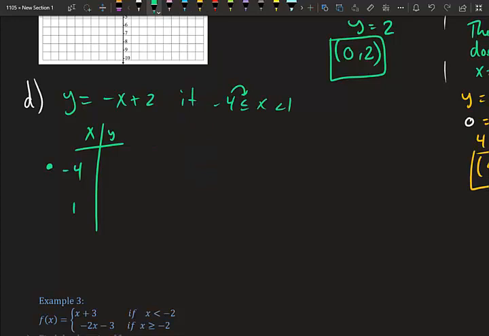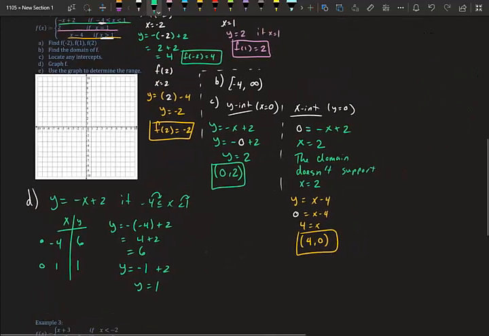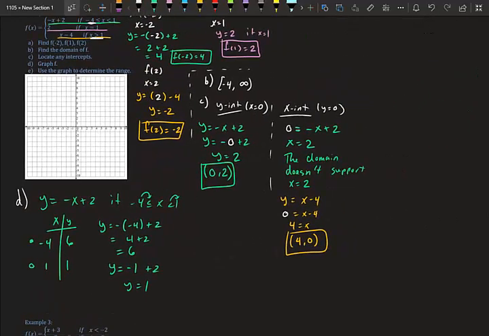And since 1 is with that sign, it's open. So we plug it in. We have y equals negative negative 4 plus 2. So 4 plus 2, we get 6. And then x becomes 1, so negative 1 plus 2, and we get y equals 1. Now the middle is just a point, so we could care less about it. And remember that point, it's just (1, 2).